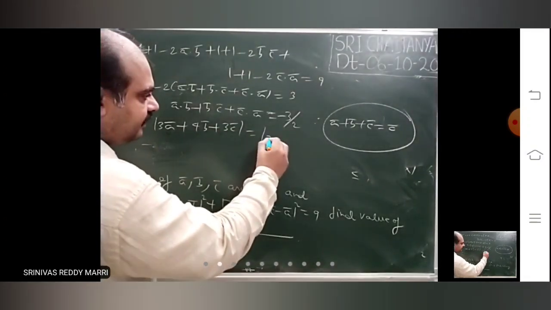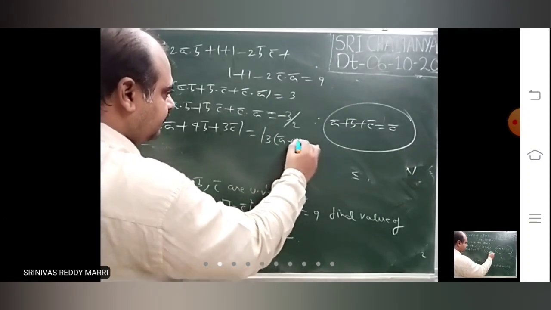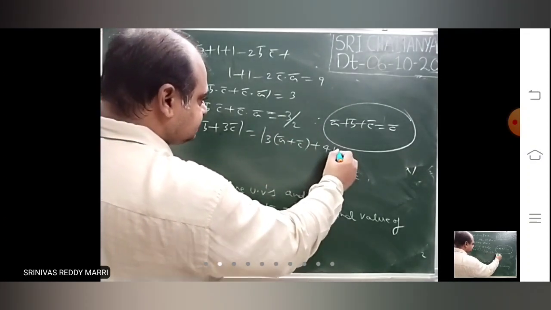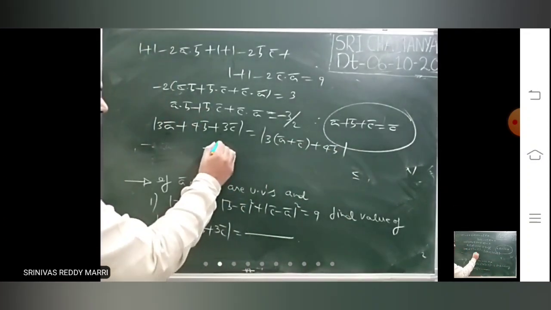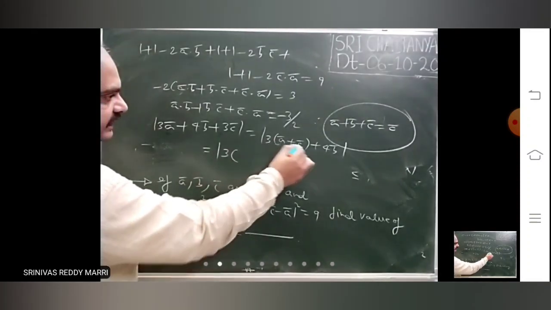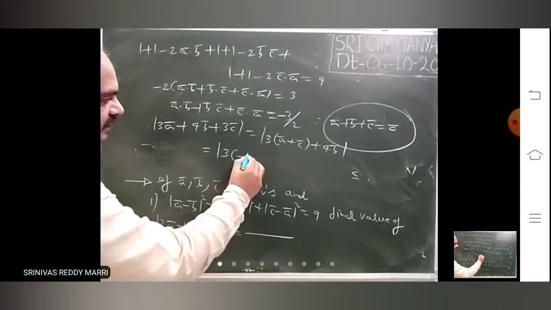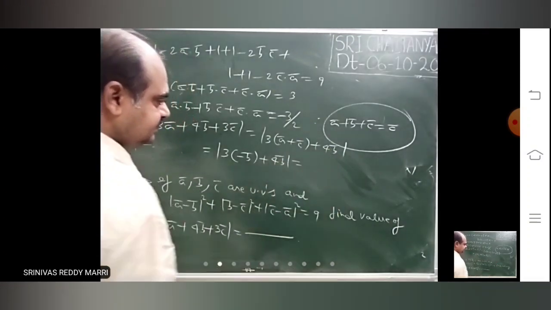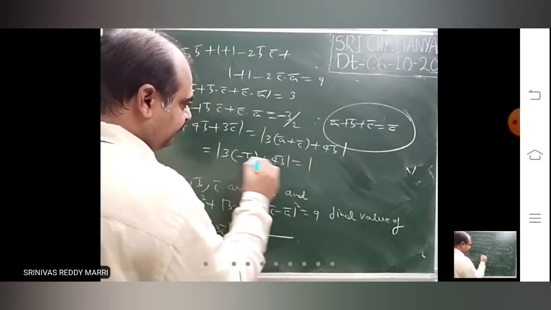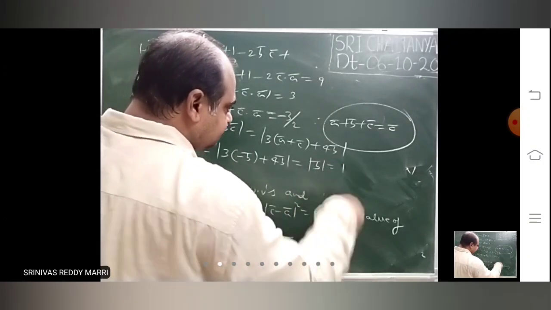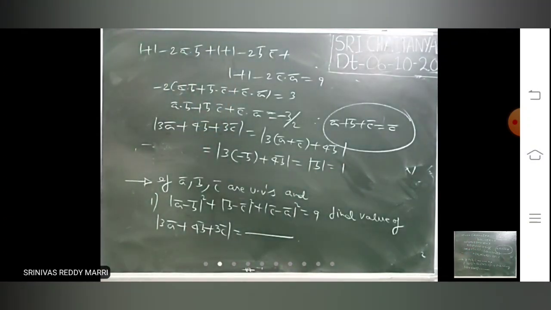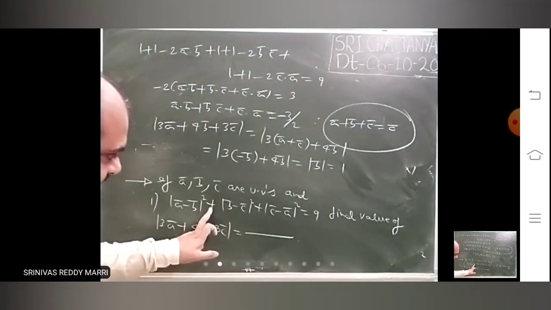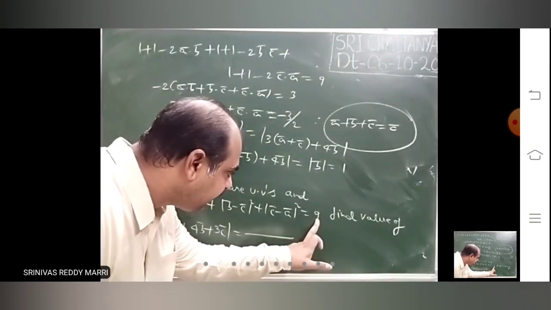Now 3 take common. 3 into a bar plus c bar plus 4b bar. That means 3 into a bar plus c bar is what? Minus b bar plus 4b bar. That means this is nothing but 4b bar minus 3b bar. That is 1. Modulus b bar is given as 1. Always he will give such type of relation.